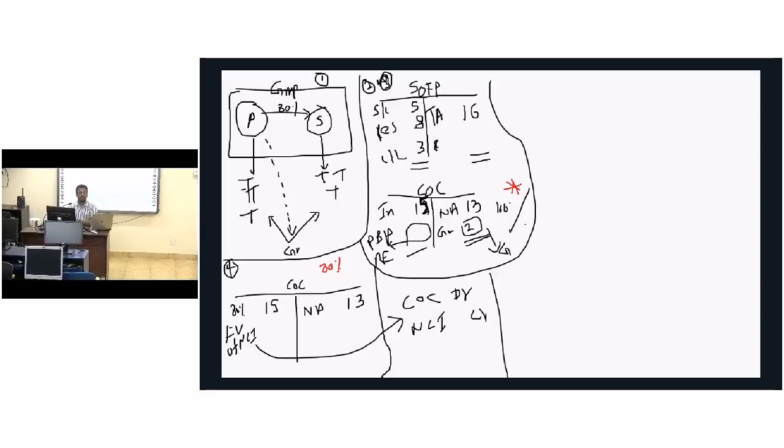Then if it is also not given in the question, you can go to the equity method. Another option: take the fair value of NCI on the acquisition date. Sorry, I made a mistake. Net assets on the acquisition date. Now I have taken all these net assets on the acquisition date.